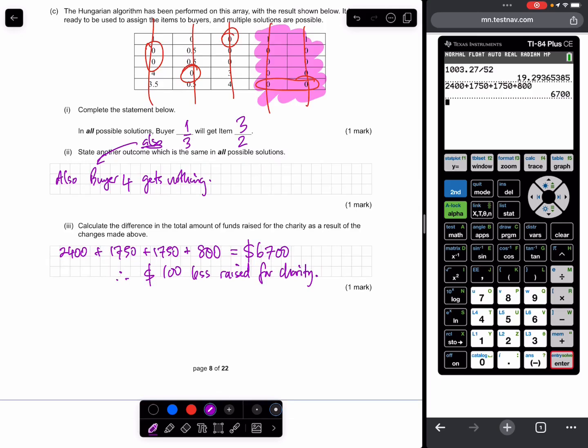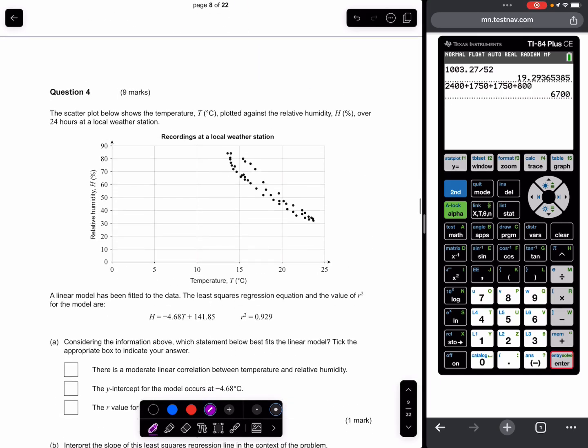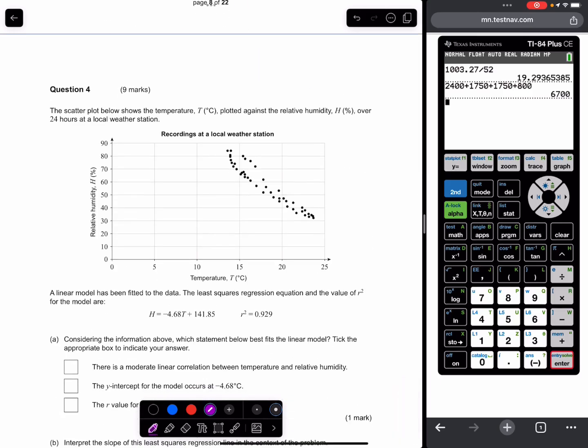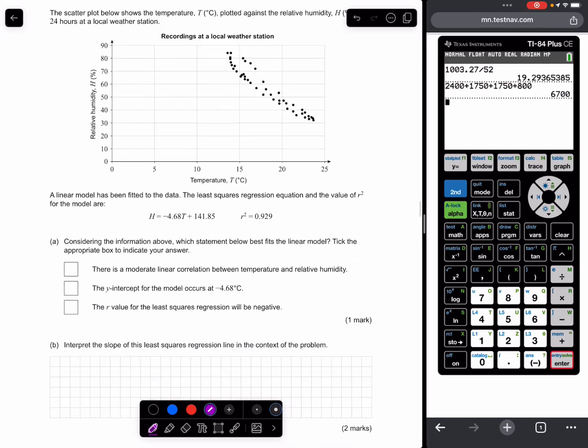It's page 8 down. And we have now statistics. The scatter plot below shows the temperature plotted against humidity. Higher the temperature, lower humidity. At 24 hours, a linear model was fitted.